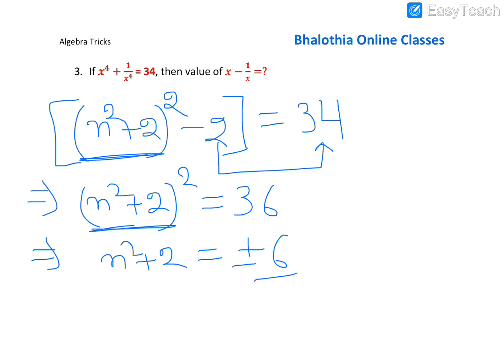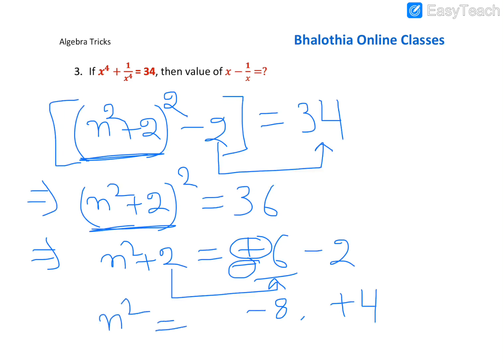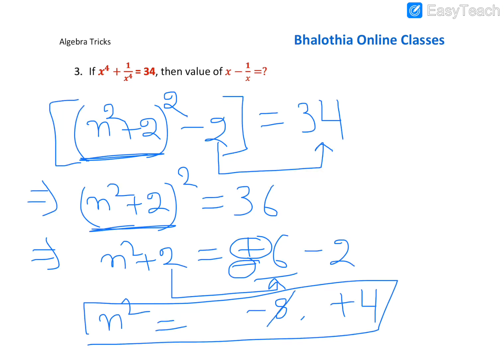So here see, and again this 2 will go on the right hand side, so what it will become? Like minus 2. So if we will consider minus, then it will become minus 8, and if we will consider plus, then it will become plus 4, right? Because 6 minus 2 equal to plus 4. So n square equal to these two values. Okay, n square equal to these two values. So this is not possible, because this will become imaginary.